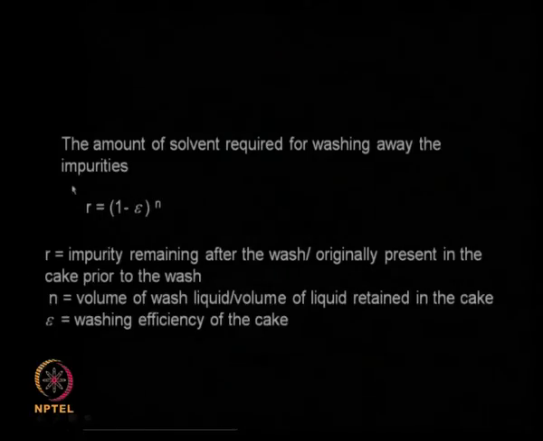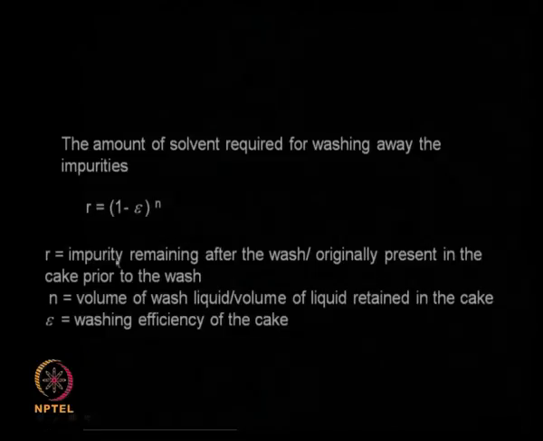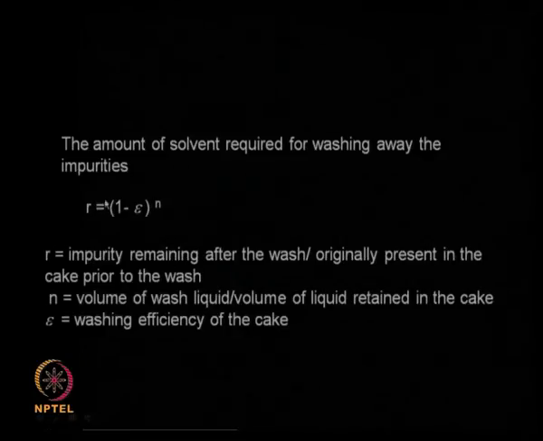This is related to R on the left hand side, the impurity remaining after the wash and the impurity originally present. This is a function of so many factors: the solubility of the impurity in the washing liquid, the efficiency of your equipment, and how much liquid is retained by the cake.